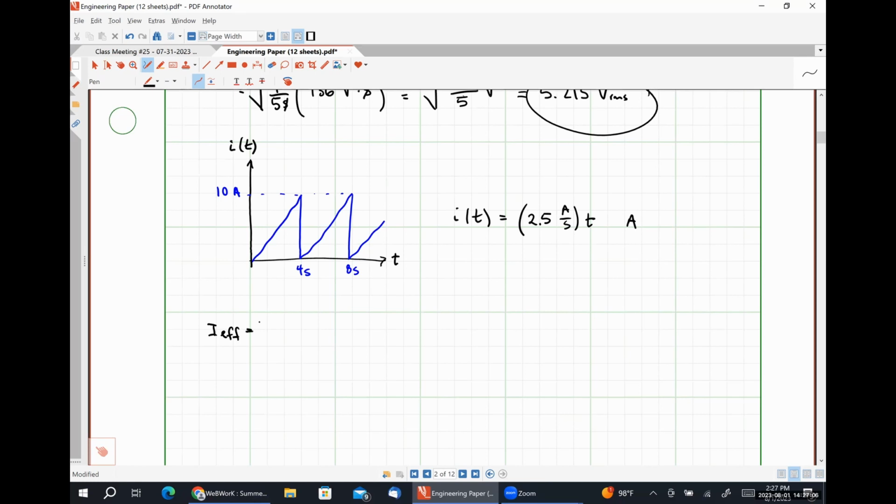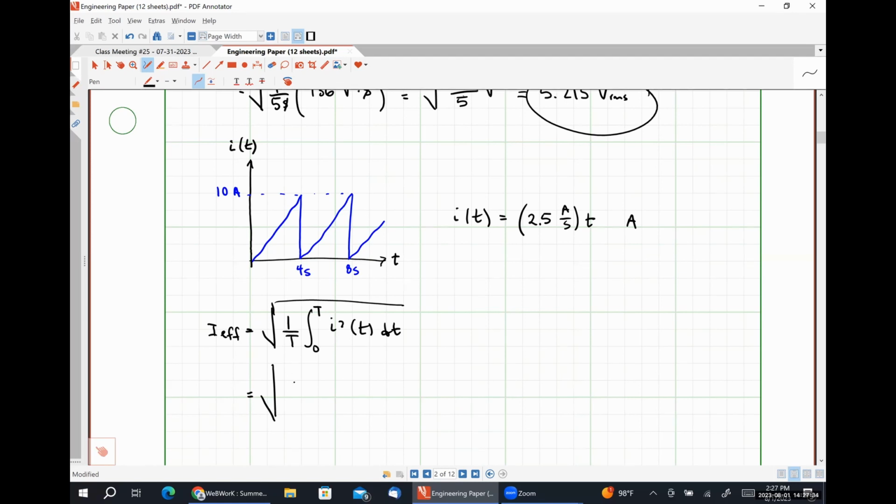So if I want to find the effective value of this current waveform, I effective is going to be the square root of 1/T times the integral from 0 to T of I squared with respect to time. What's the period of this function? Four seconds.